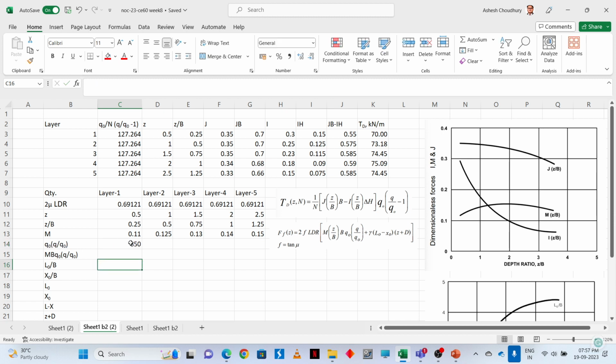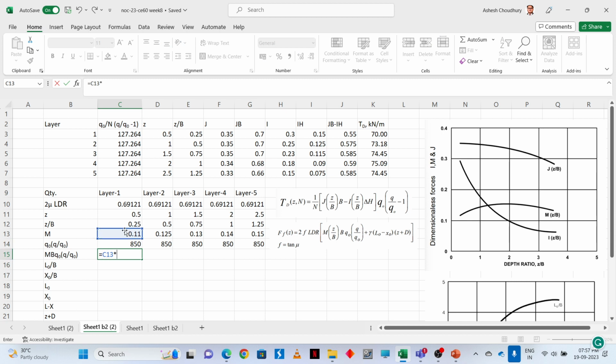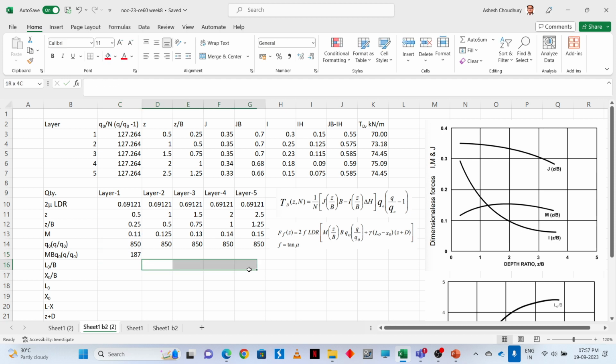So 850. What is Q? Q is 850 now in our case. Now let us multiply M times B is 2 times this. Done.